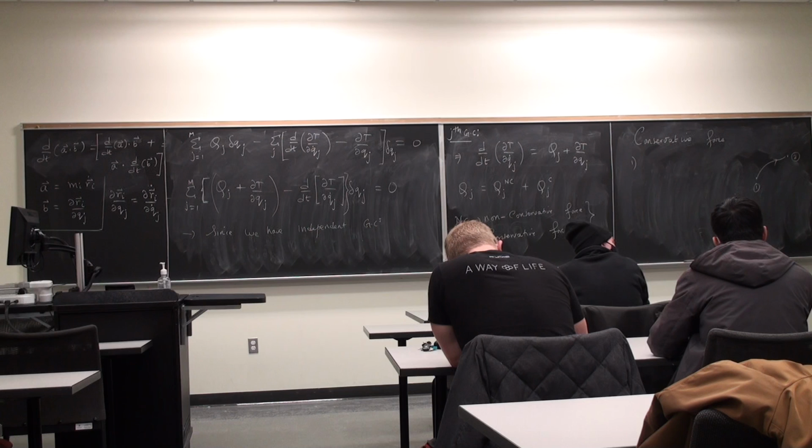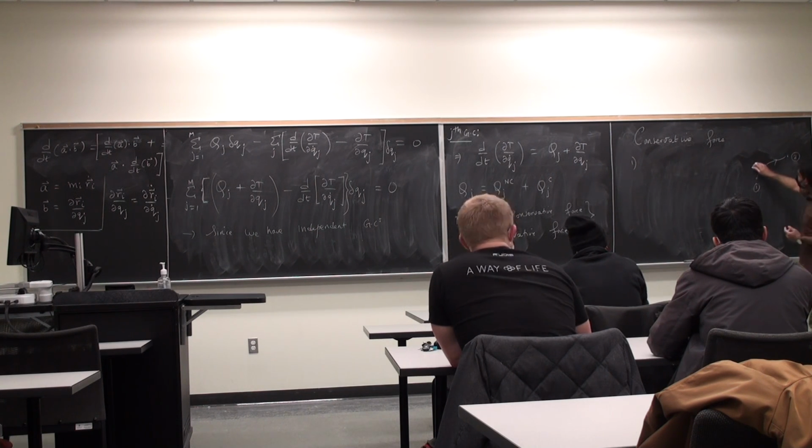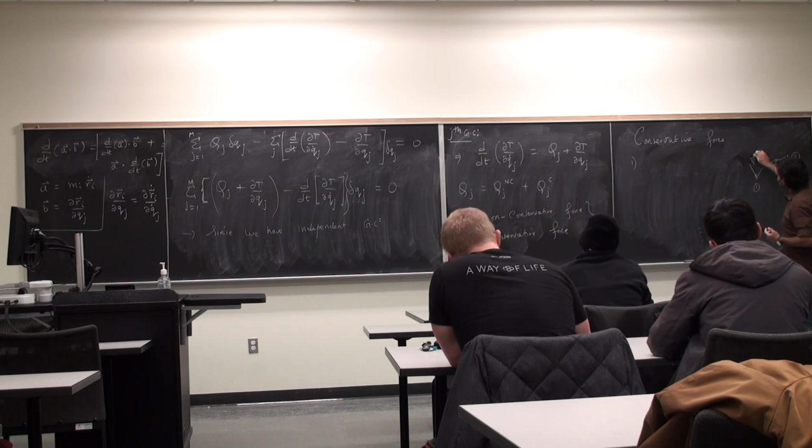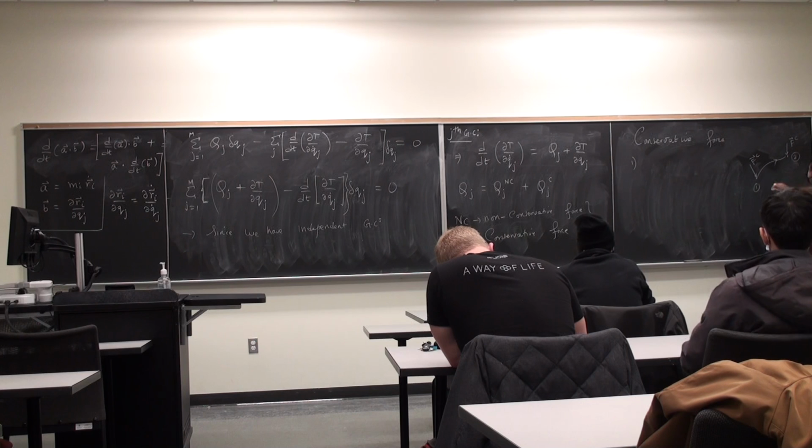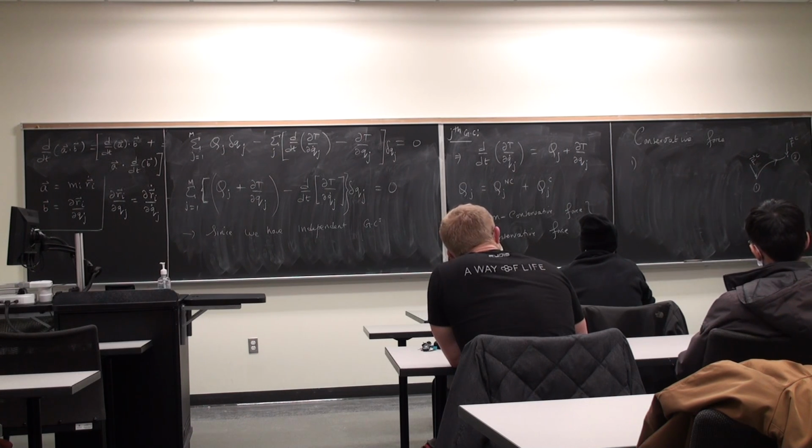If I have a conservative force performing work on that particle, this is F conservative, the net conservative force, so keep that in mind. There is a particle, position 1 to position 2. The work done by the force on the particle should be independent of the path taken.